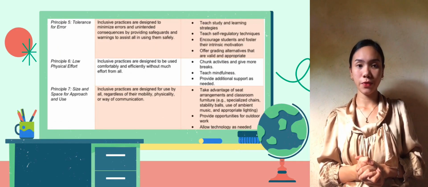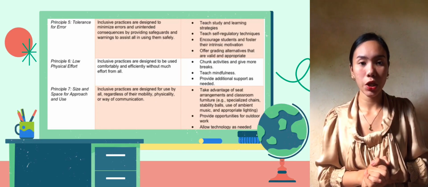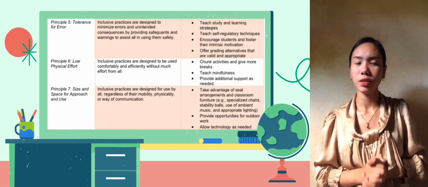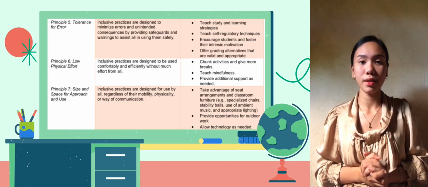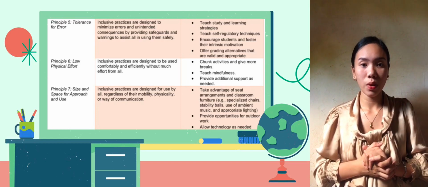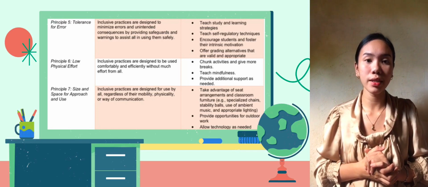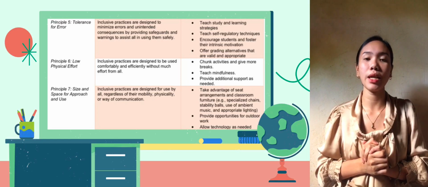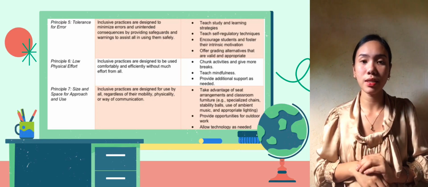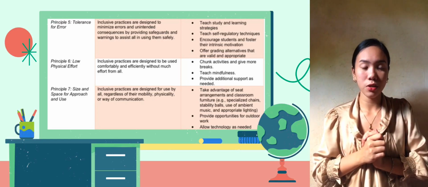So principle number 5, it is tolerance for error. So inclusive practices are designed to minimize errors and unintended consequences by providing safeguards and warnings to assist all in using them safely. So an example of this, teach study and learning strategies.